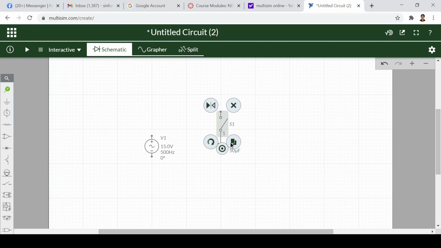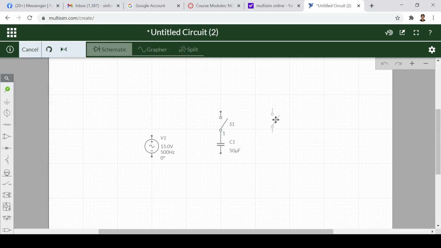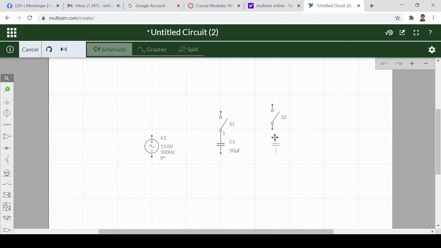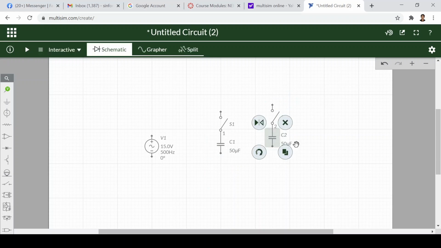Copy this for the other capacitors. This is for run 2.